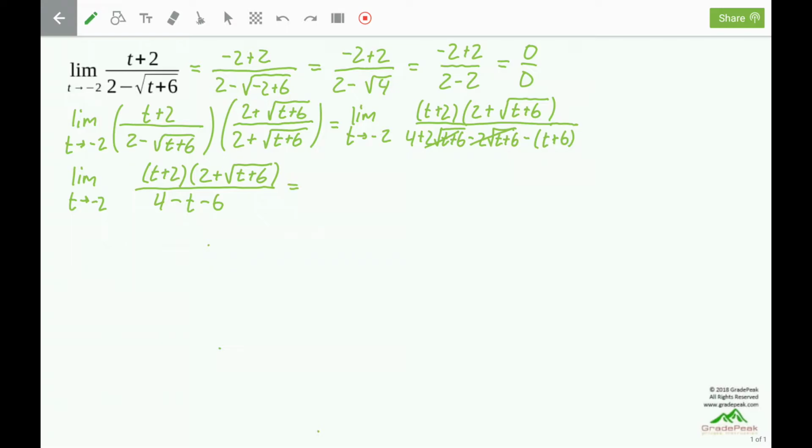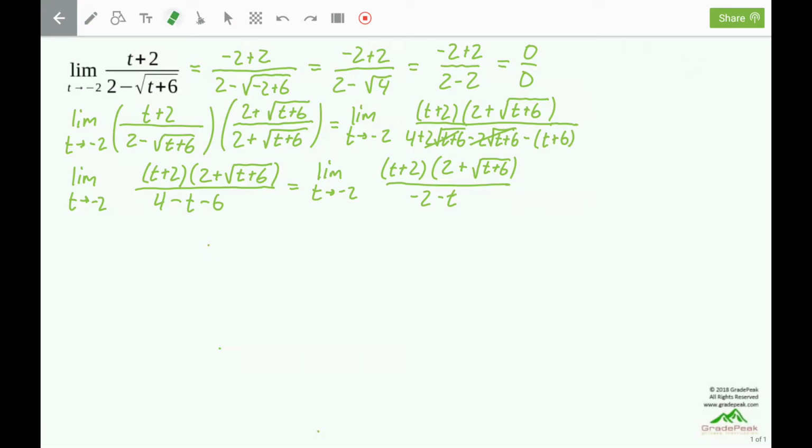We can then combine the two numbers together in the denominator, still leaving the numerator the way it is for now. So t plus 2 and 2 plus the square root of t plus 6. In the denominator, if we combine the numbers 4 and -6, we'll have a -2 and minus a t.